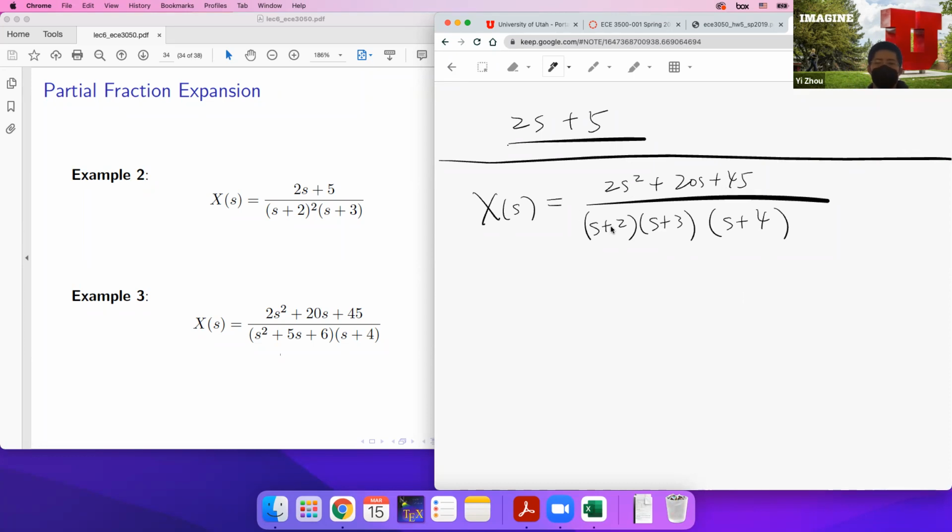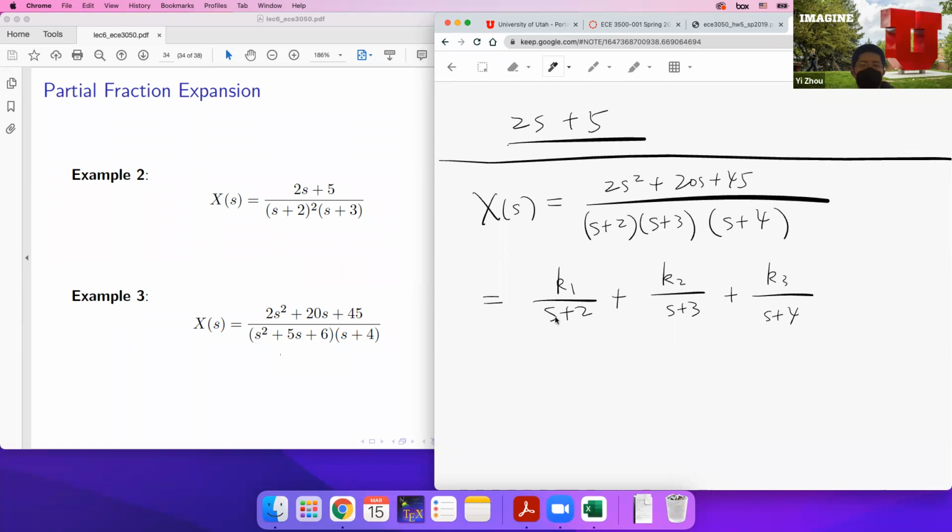And then you can see that the denominator is of order 3, because we have 3 first order terms, and the numerator has order 2. So you can propose to decompose it into K1 over S plus 2, K2 over S plus 3, and K3 over S plus 4. And then the rest of the story is the same.